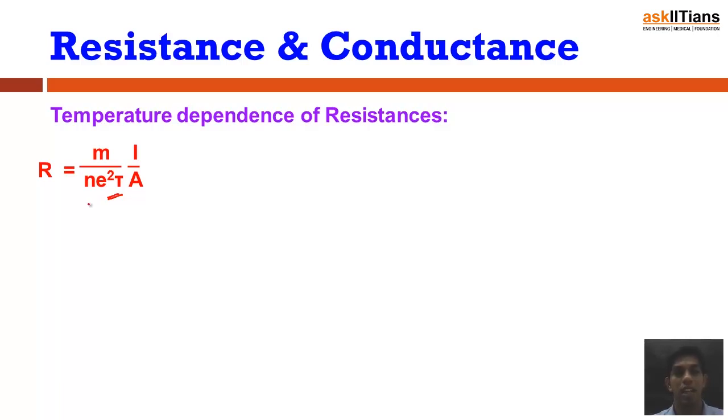So hence τ, that is the relaxation time, decreases drastically, and there is a rise in resistance. So if we increase the temperature, we decrease the value of relaxation time, that is the time between two successive collisions, and thereby increase the resistance.